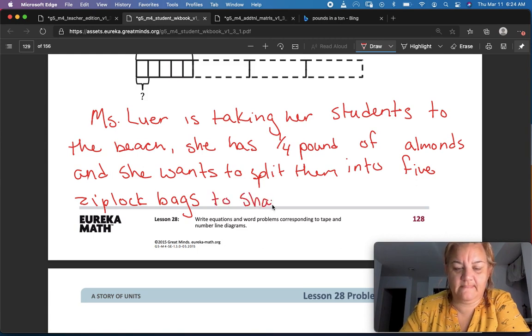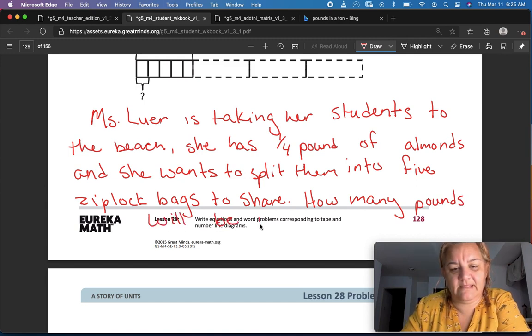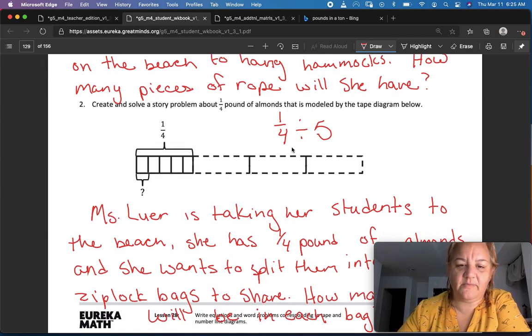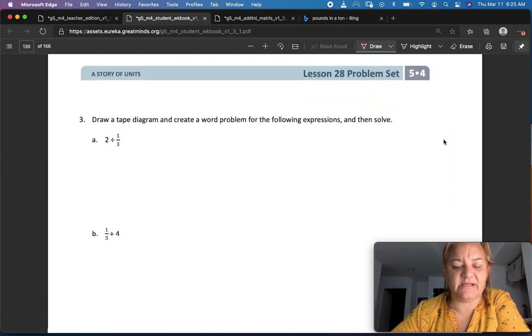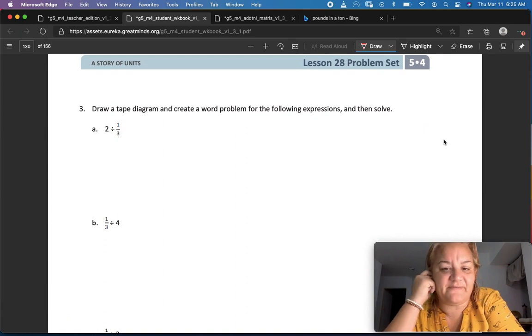Okay. How many pounds will be in each bag? Okay. So if we have 1/4 pound of almonds and we divide it into 5 bags, we will have 1/20 of a pound. Okay, that's our answer.